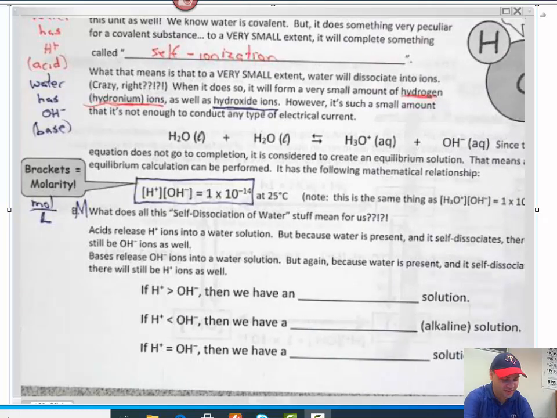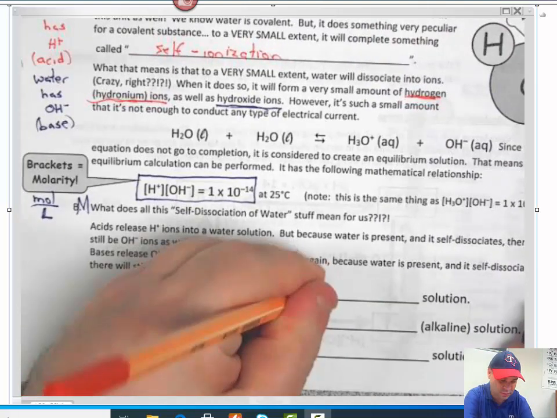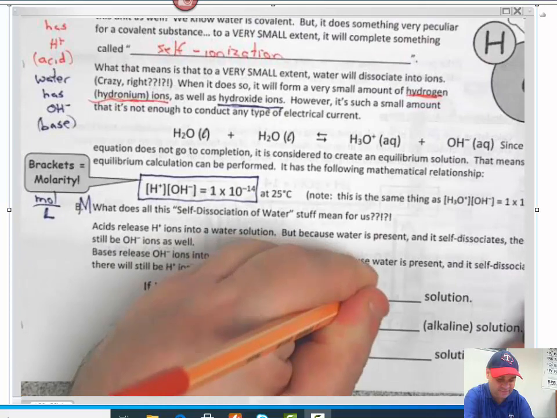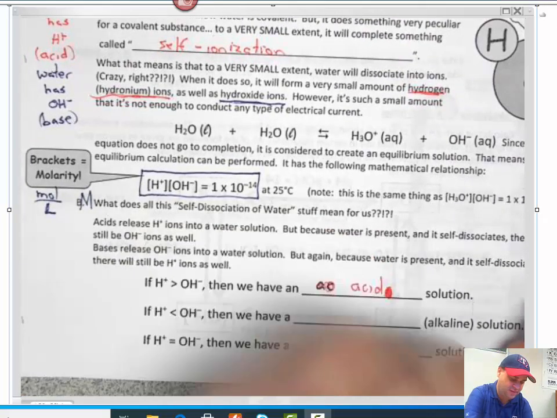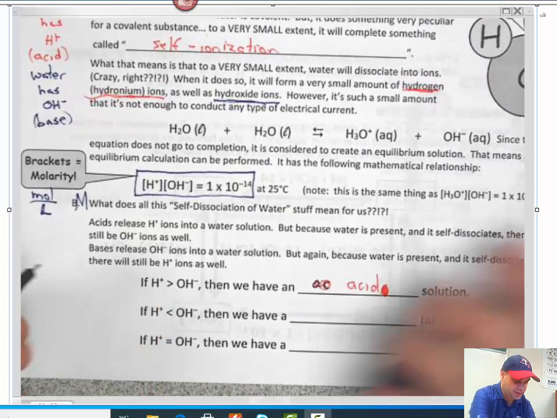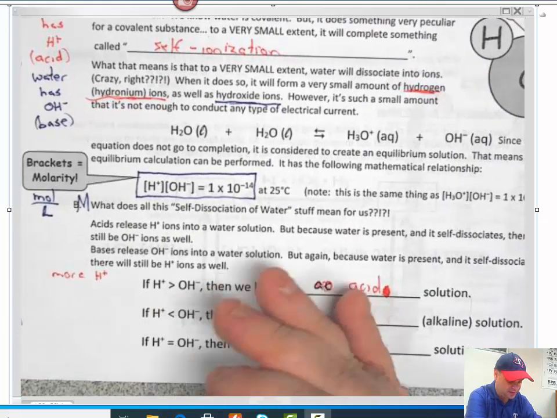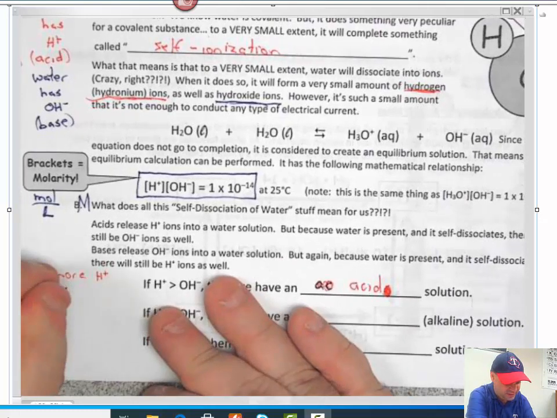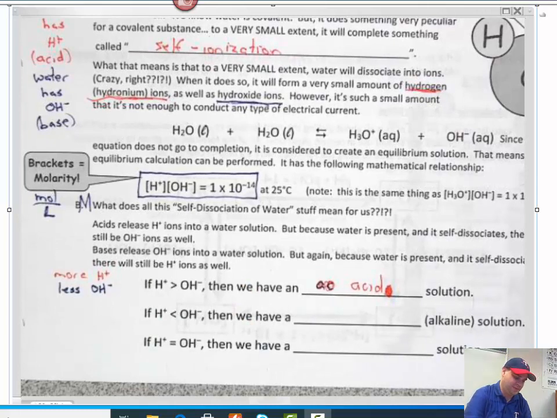It's just that acid solutions have more H plus and less OH minus. So the hydrogen ion is greater than the hydroxide ion.